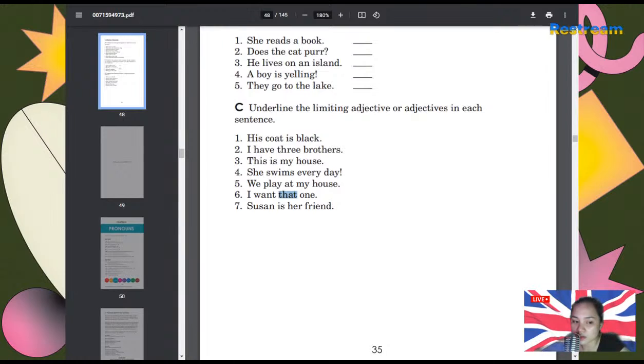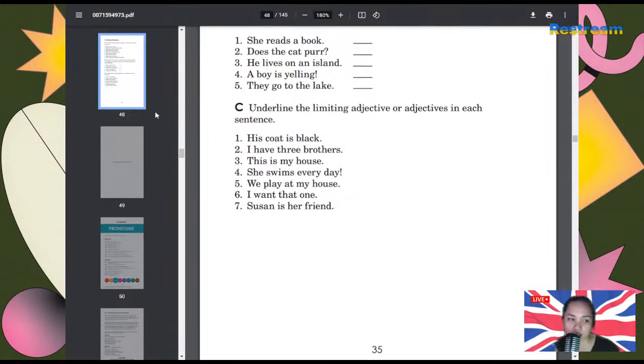And the last one is: Susan is her friend. Susan is her friend. So what is the limiting adjective there? The limiting adjective there is her. So that is all for today's session, for today's live.